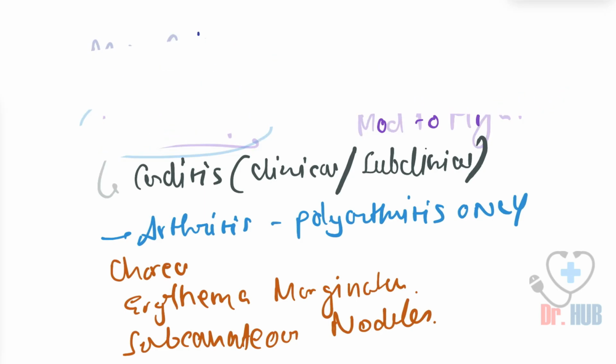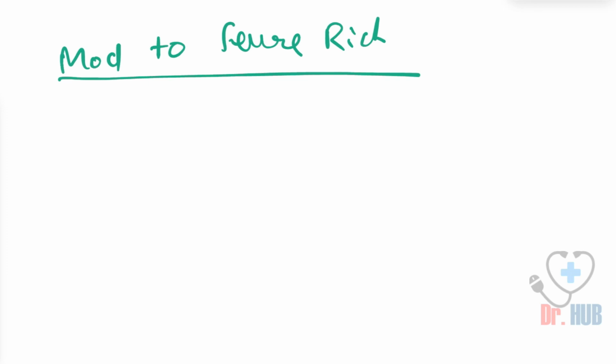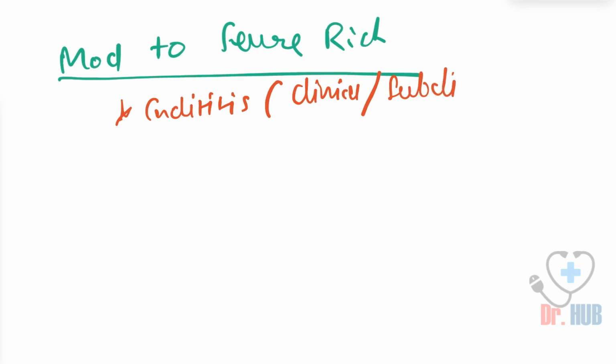Now, let's move on to the moderate to severe risk population. Under moderate to severe risk, this is all under major. Again, it has carditis, which can be clinical or subclinical.